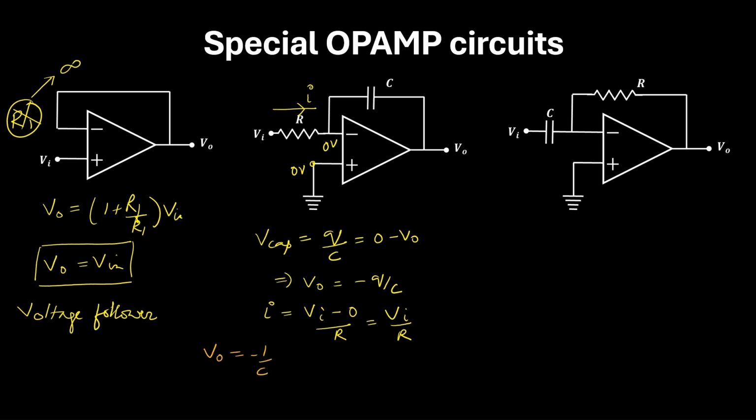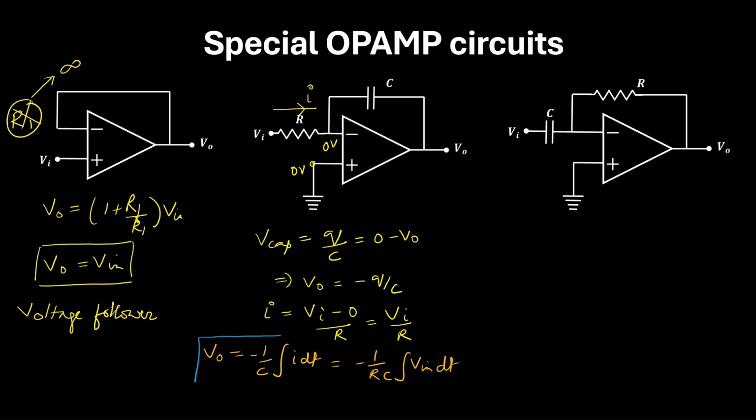Now in the expression of the output V0, the Q can be written as integration I dt, and if I substitute the value of I, then I will get minus 1 by RC integration V in dt.